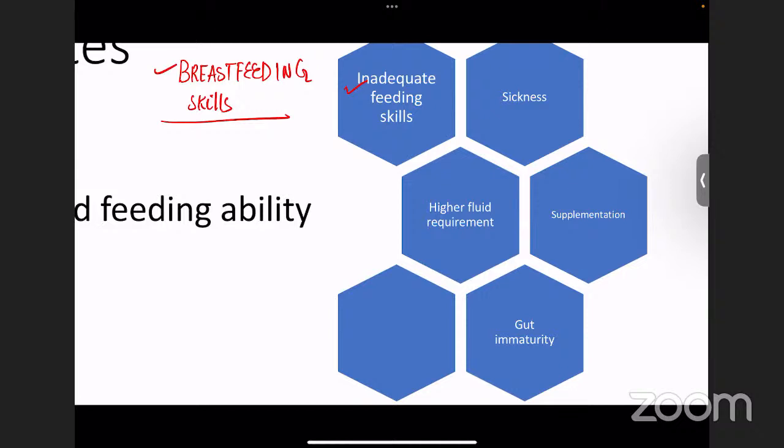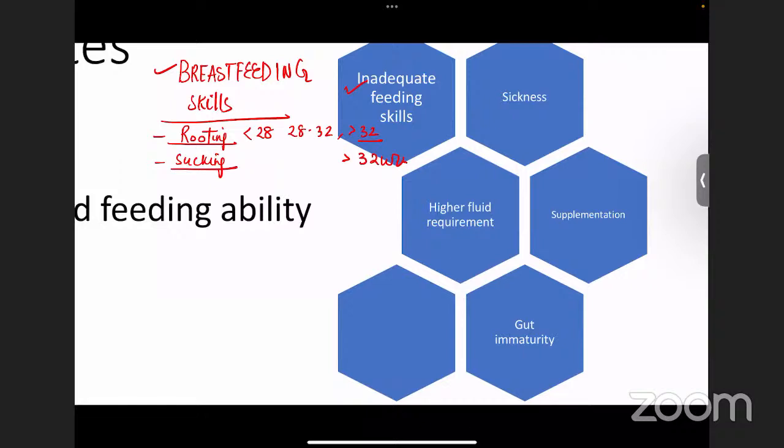So the breastfeeding skills, which are routinely present, are not present at less than 28 weeks and develop at 28 to 32 weeks. Most of the time, after 32 weeks, they have the sucking reflex.